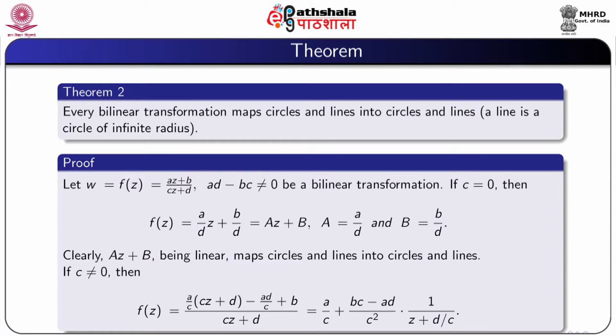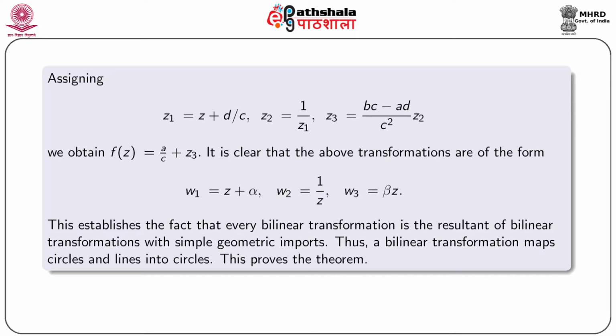If C not equal to 0, then we have F of z equal to A by C into Cz plus D minus AD by C plus B, by Cz plus D, which is equal to A by C plus BC minus AD by C square into 1 by z plus D by C. Therefore, assigning Z1 equal to z plus D by C, Z2 equal to 1 by Z1 and Z3 equal to BC minus AD by C square into Z2, we obtain F of z equal to A by C plus Z3.